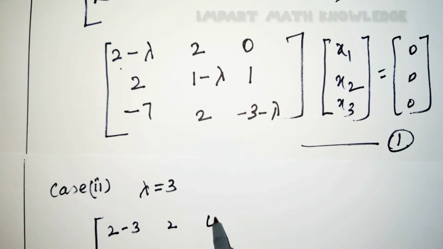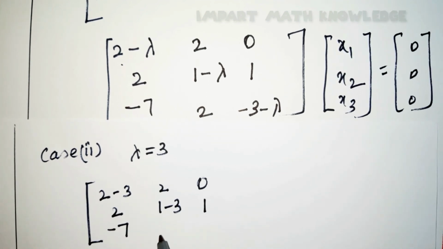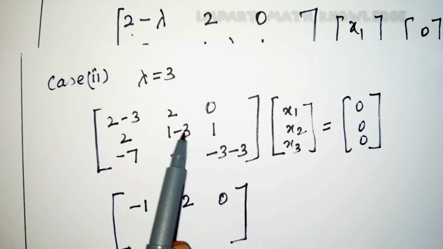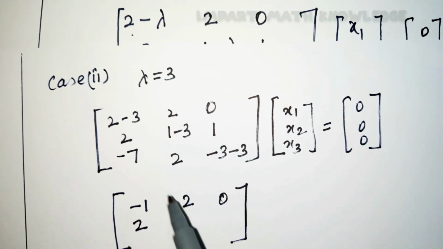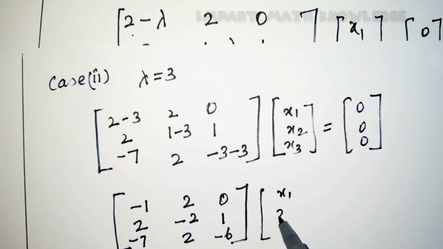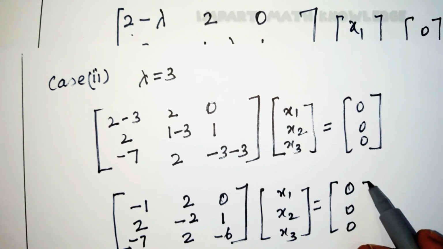We get [2 minus 3 is minus 1, 2, 0; 2, 1 minus 3 is minus 2, 1; -7, 2, -3 minus 3 is minus 6] times [x1, x2, x3] equal to [0, 0, 0].